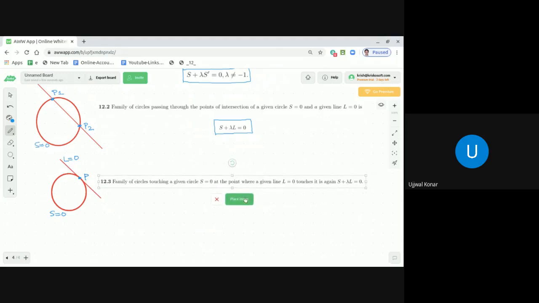Correct, dear students? So this is the visual representation on the left, and here is the equation of the family of circles.